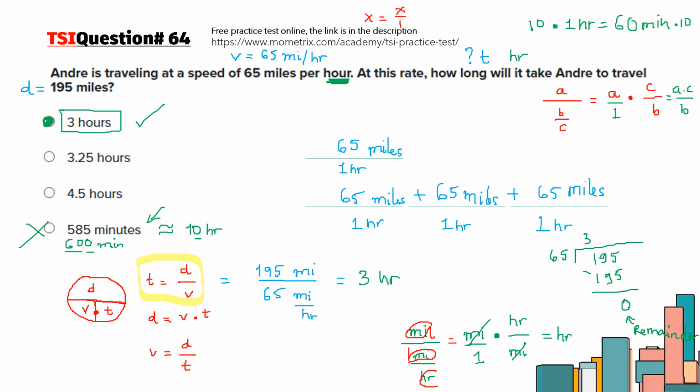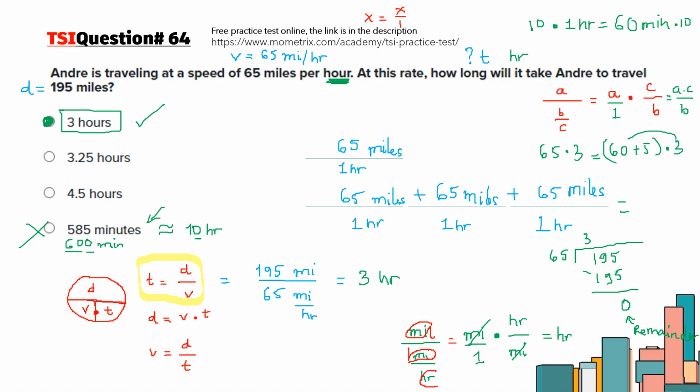Also, by visualizing, as we draw it in the middle right now, in 1 hour you ride 65 miles. You ride 3 hours, you can add them up: 65 plus 65 plus 65, which is 65 times 3. You can do the multiplication, or you can break it down into 60 and 5 and multiply each by 3.